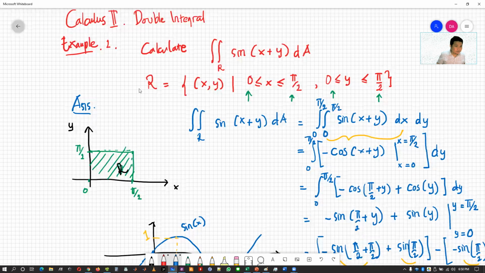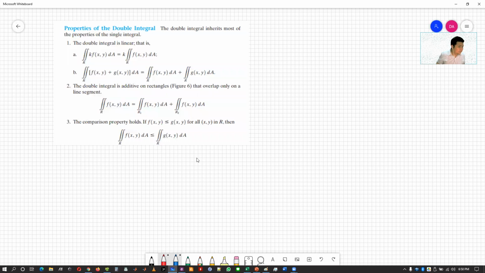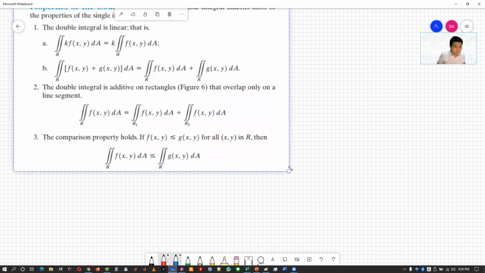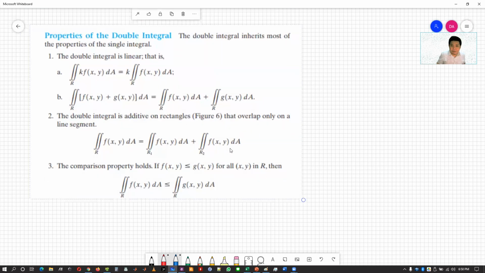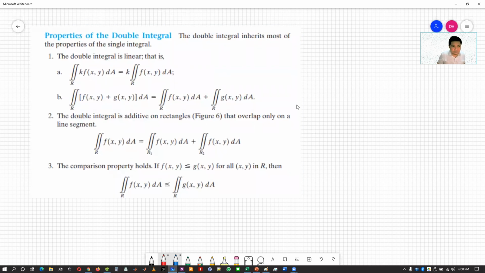I have prepared this here, which I took from books: the properties of the double integral. The double integral inherits most of the properties of the single integral.